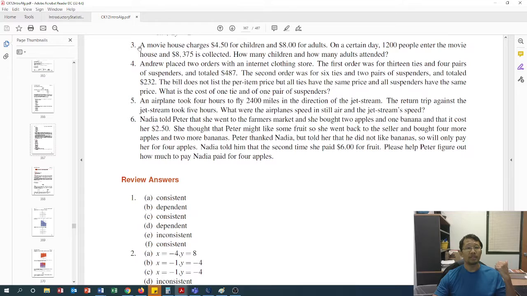So question number 3: a movie house charges $4.50 for children and $8 for adults. On a certain day, 1,200 people enter the movie house and $8,375 is collected. How many children and how many adults attended? There are two things here: the total number of people that entered the movie hall and the total amount of money collected.